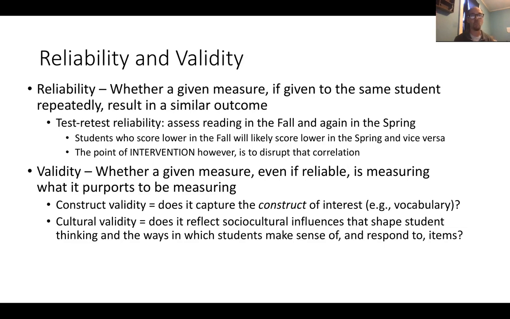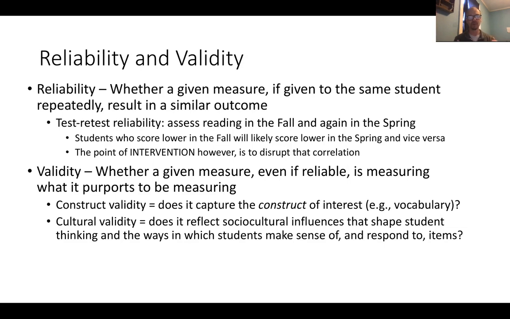So whatever items are on your measure, for example, of vocabulary, is it reasonable that students might actually know it, given variable cultural backgrounds? So if you put a picture of the Louvre, for example, on your vocabulary test and you say, what is this? It's arguable that that does not have high cultural validity for students who have never been to Paris before, right? So it's things like that. It's like, so what is it measuring?